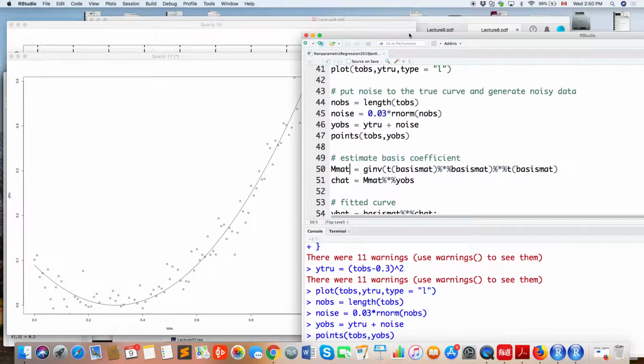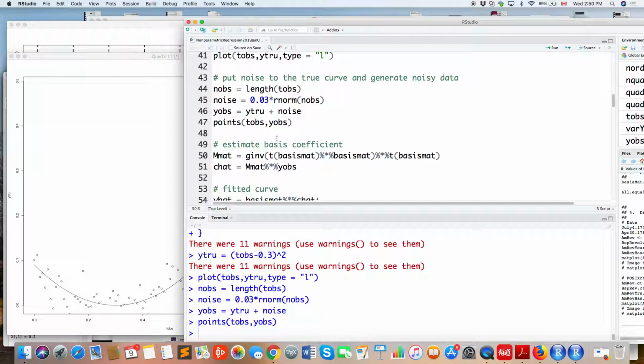So what we can do is use our formula. Phi here is the basis matrix, right? So in R, phi transpose will be t of the basis matrix, multiplied by phi, and then the inverse. Using the ginv function, the inverse of phi transpose times phi, multiplied by phi transpose, and then multiplied by Y, right?